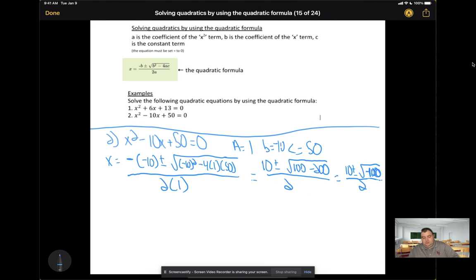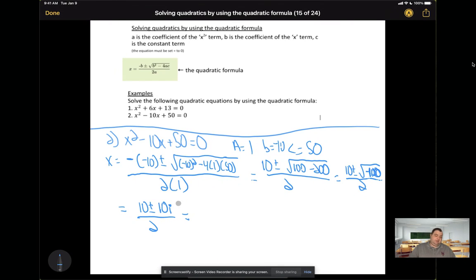Divided by 2. So 10 plus and minus square root of negative 100. Square root of negative 100 is going to be 10i divided by 2.